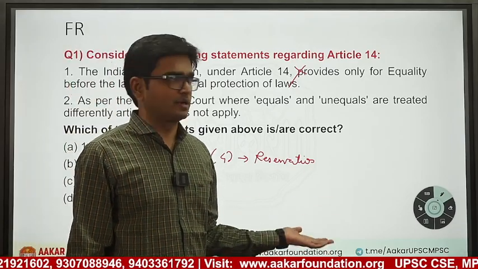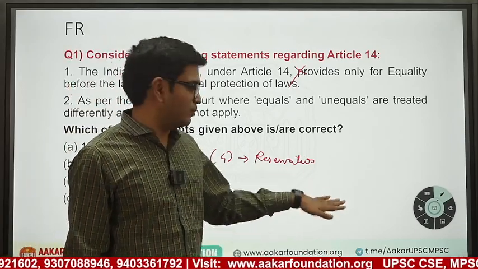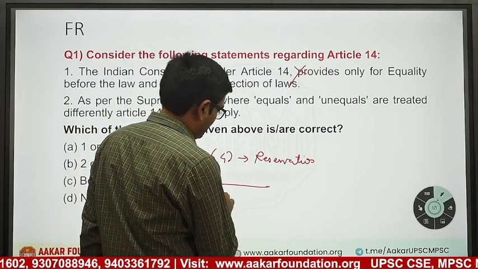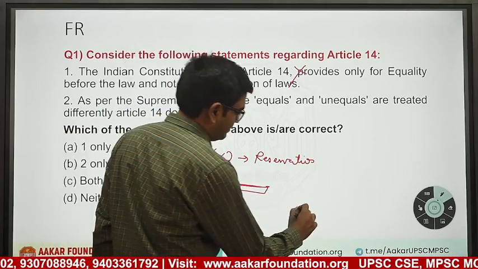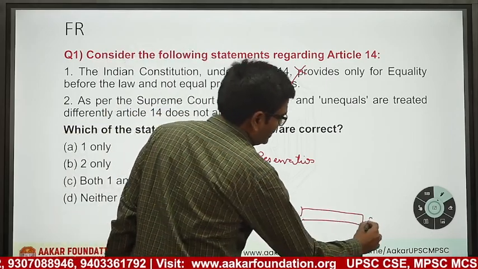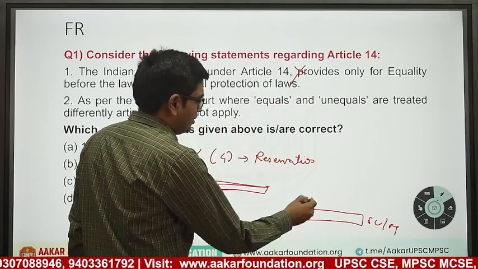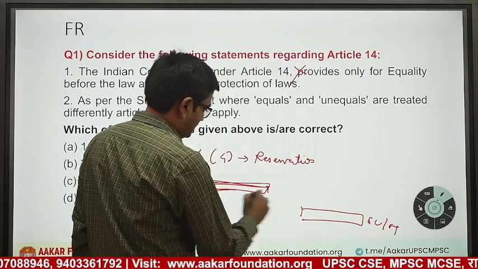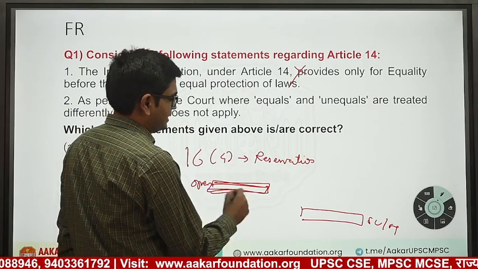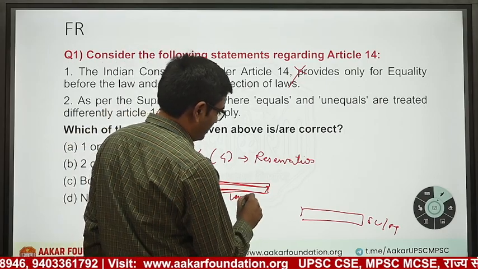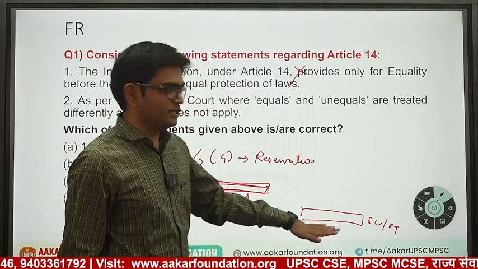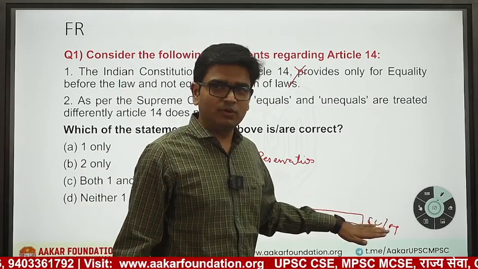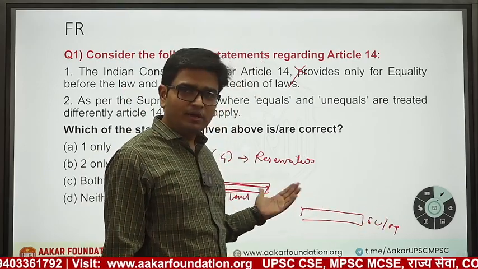That's why reservation is given. Those are not equals. For example, if the unreserved community is somewhere here in the paradigm, the reserved communities, for example SC, ST, are somewhere lower. The open category is already at a certain level, but the education and income level for SC, ST is down. So these are unequal levels.